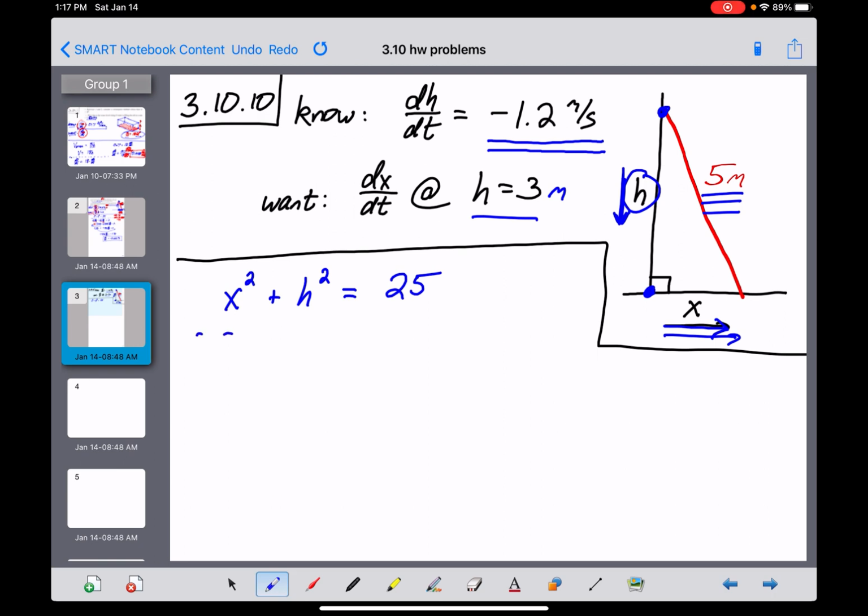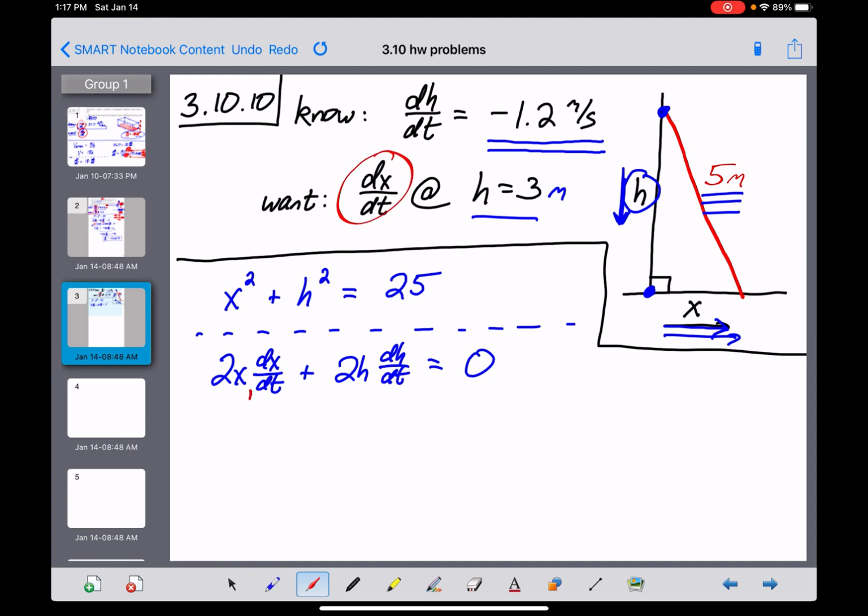Cool. So let's differentiate both sides of this. We get 2x multiplied by dx/dt, plus 2h multiplied by dh/dt, is equal to 0. That's the exact same derivative equation that we had in number 9. Now let's fill some things in. What we are looking for is the value of dx/dt.